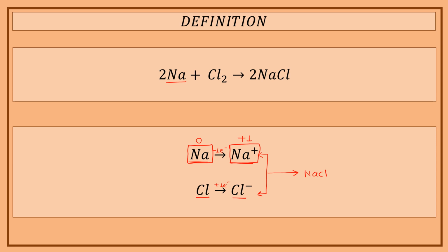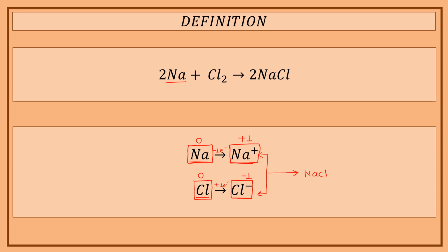Similarly, before the reaction, the chlorine atom has an equal number of electrons and protons. Therefore, the net charge over this atom is also 0. And since it has gained one electron during the reaction, it has an excess of electrons over the number of protons. Therefore, it will get a charge of -1.